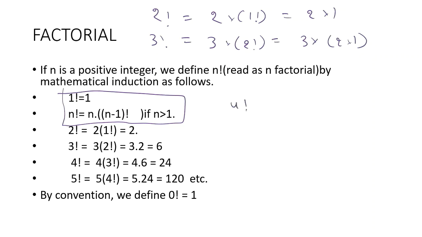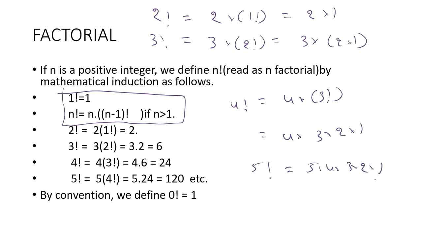And 4 factorial is equal to 4 times 3 factorial, which is equal to 4 into 3 into 2 into 1. And similarly 5 factorial is equal to 5 into 4 into 3 into 2 into 1. We have to stop at 1. If you continue after 1, the result is going to be 0.